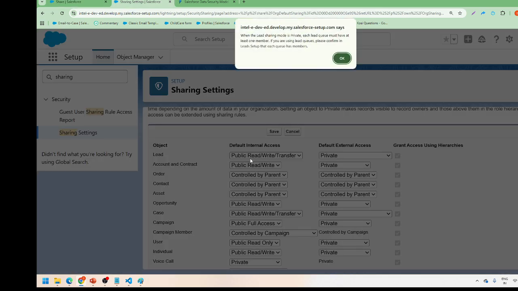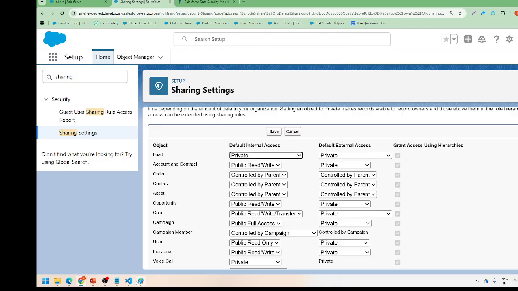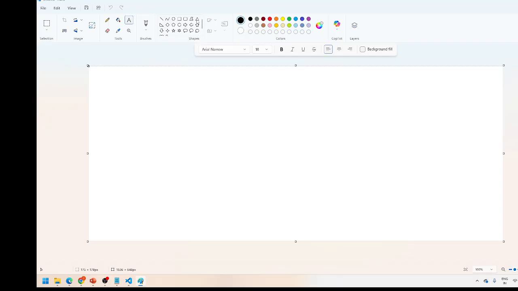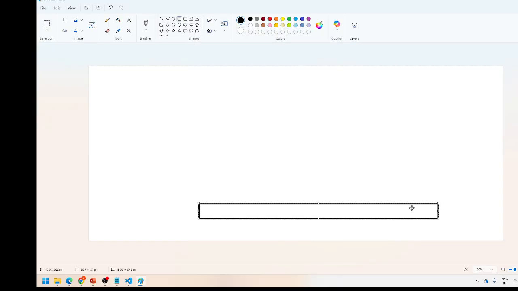We discussed that in Salesforce sharing. There is one baseline, which is profile, profile and permission set. Second is OWD. Means first, at least users should have access to that record at the profile level.